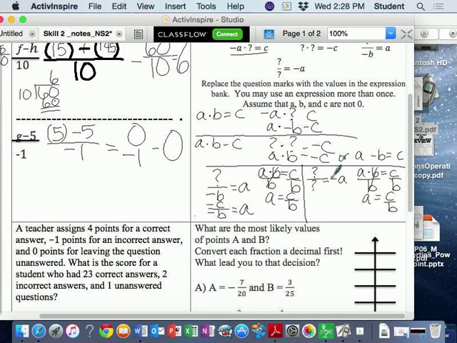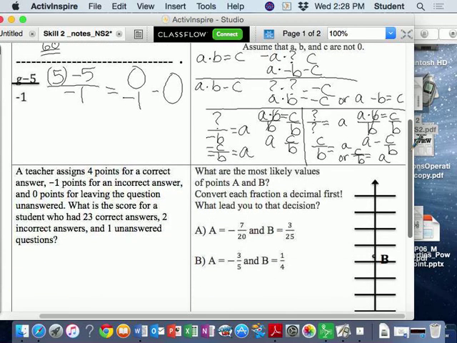So we need to make sure that one of our other variables is negative. So we could say negative C divided by B equals negative A, or positive C over negative B equals negative A. So this is being able to manipulate equations with only variables.